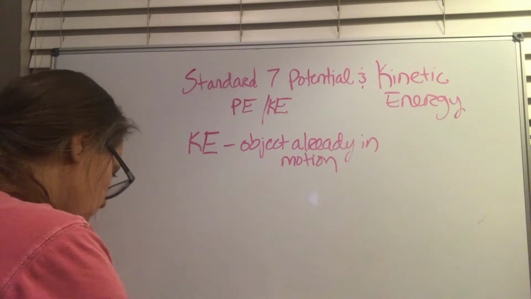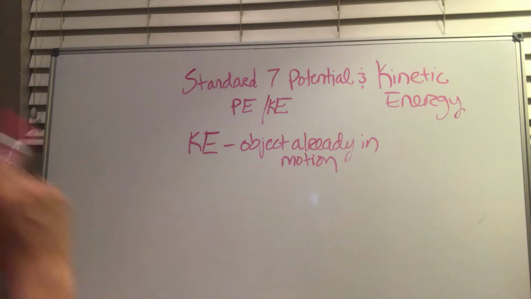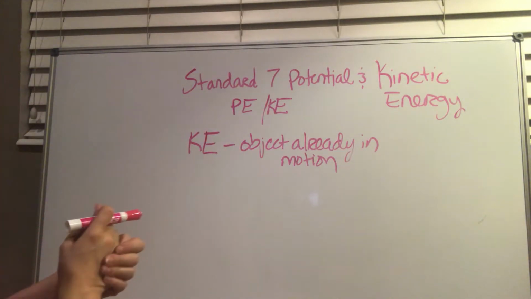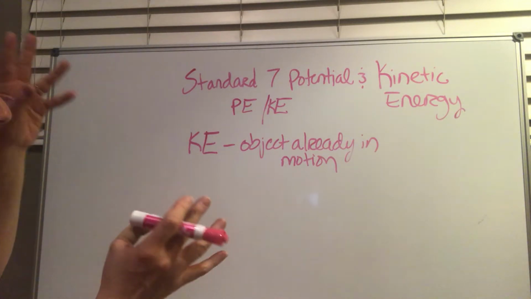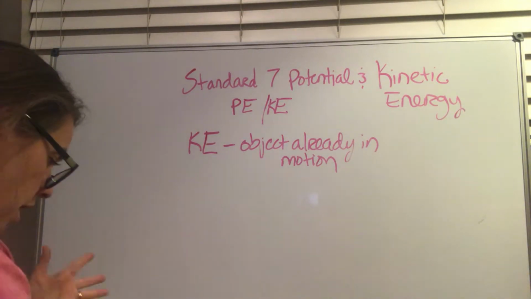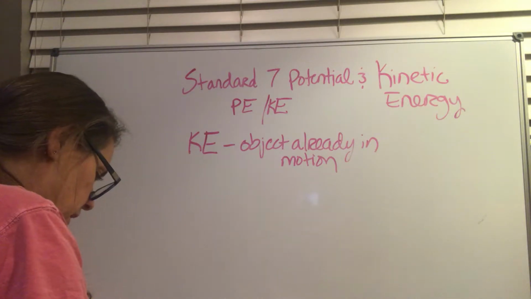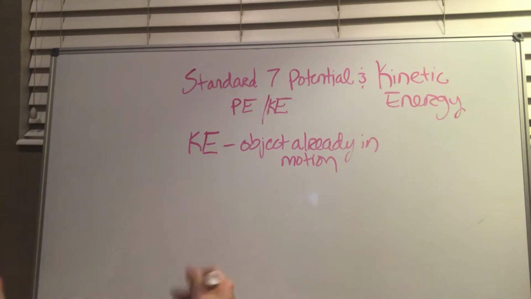So we all know that something that has more mass, it's going to take more energy to get that object in motion. But what we're measuring for kinetic energy is when it's already in motion, it has a lot more energy than something that doesn't have as much mass.